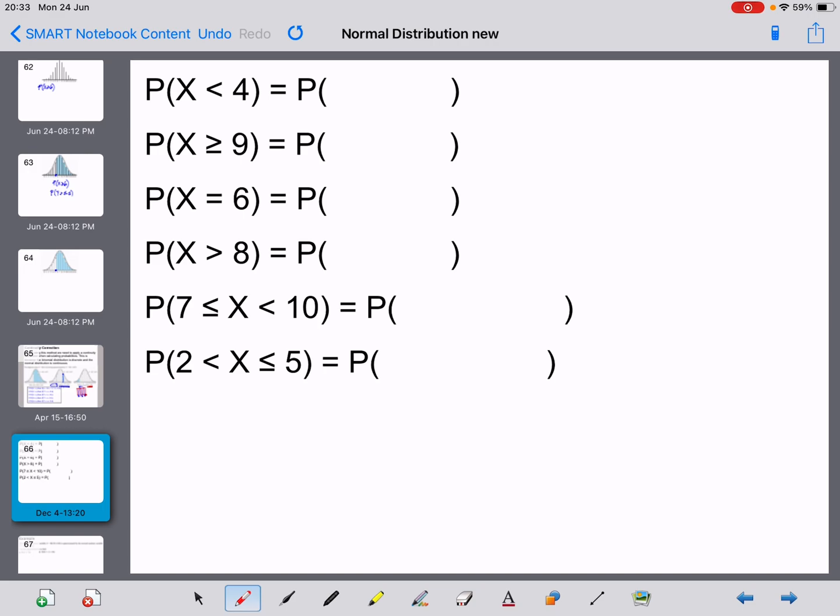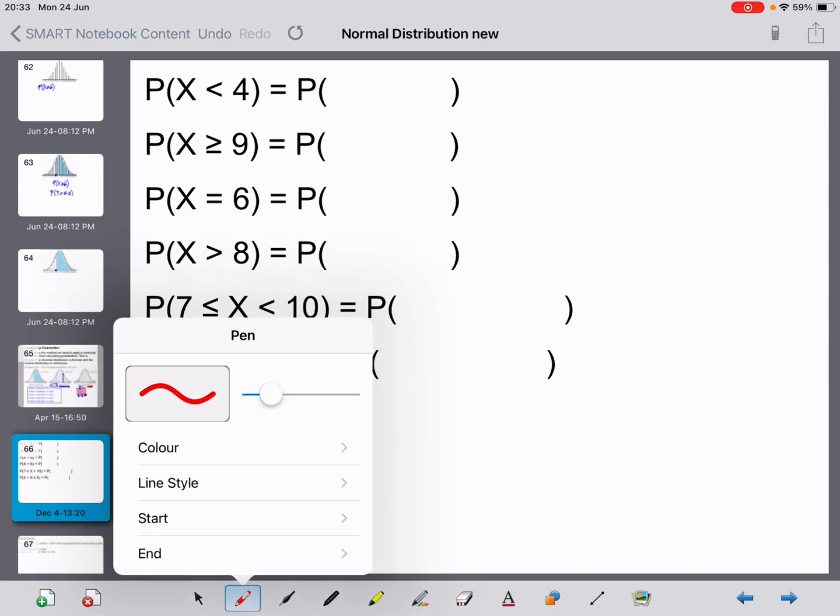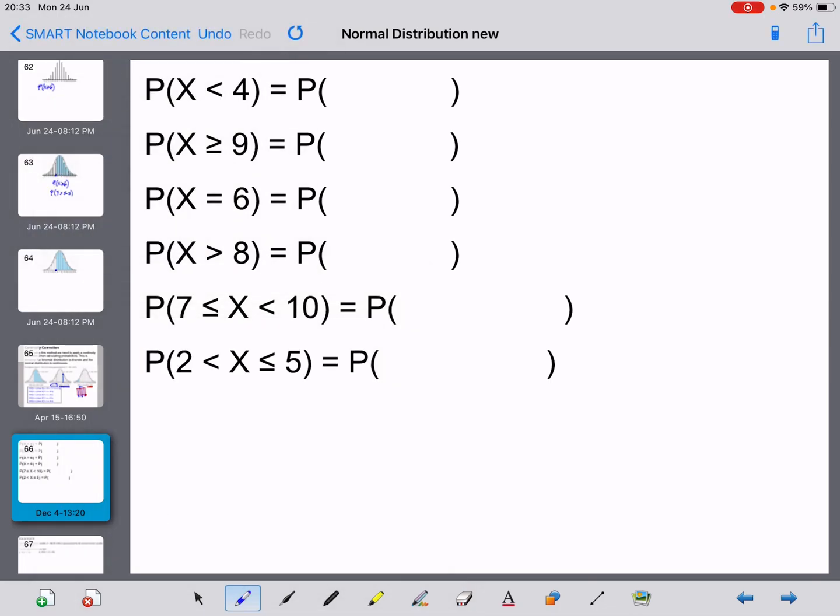Okay, so let's say we wanted to work out with the binomial, x is less than 4. If this is a binomial, the x is representing the binomial value. Remember, x binomial is discrete, so less than 4 actually means starting at 3, then going down to 2, then 1, and then 0.